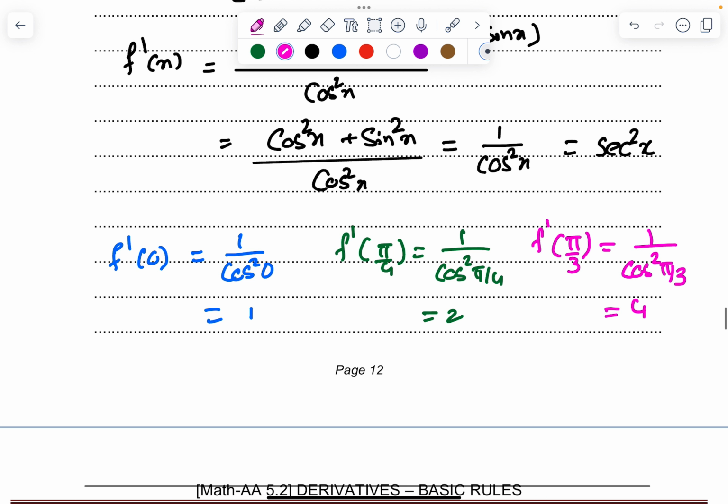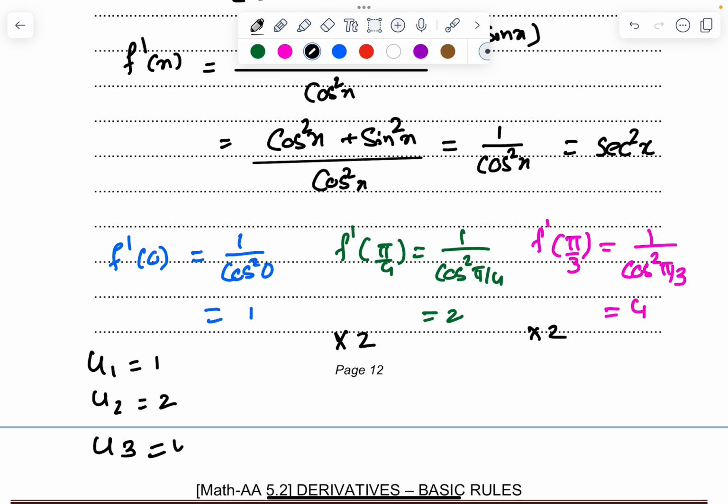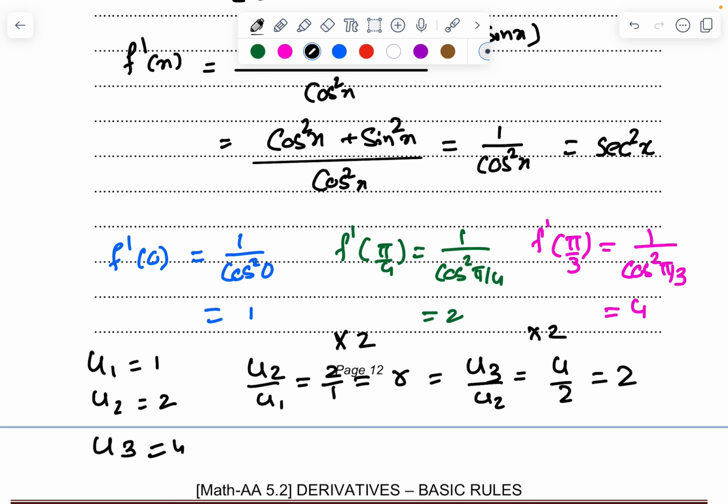We can see that it is times 2, times 2. u1 equals 1, u2 equals 2, and u3 equals 4. So u2 upon u1 equals 2 upon 1, which equals r, equals u3 upon u2, which is 4 upon 2, which equals 2. So therefore, they are in geometric sequence.